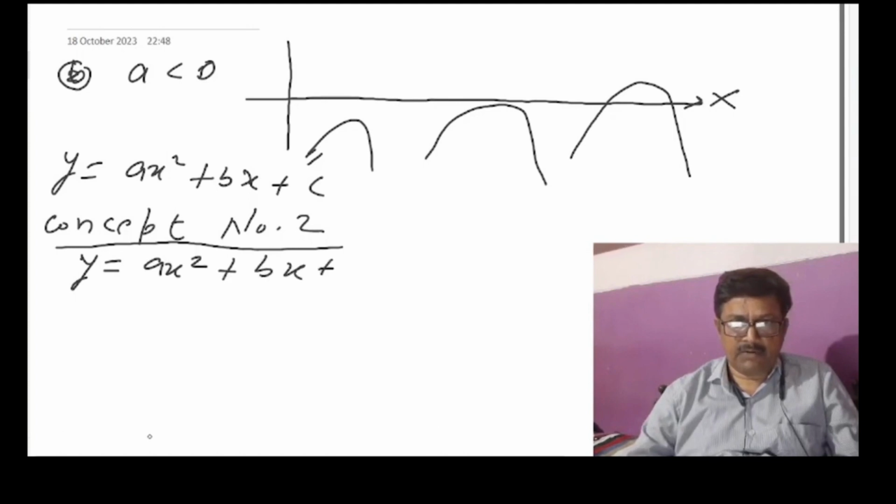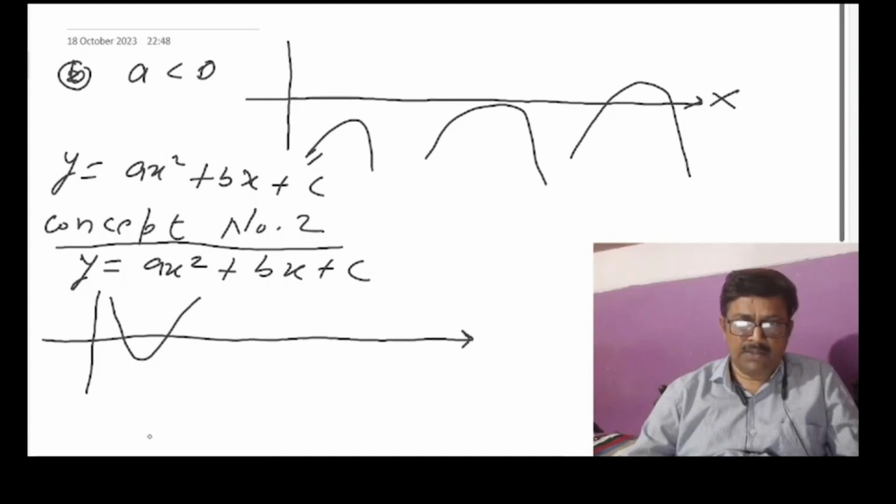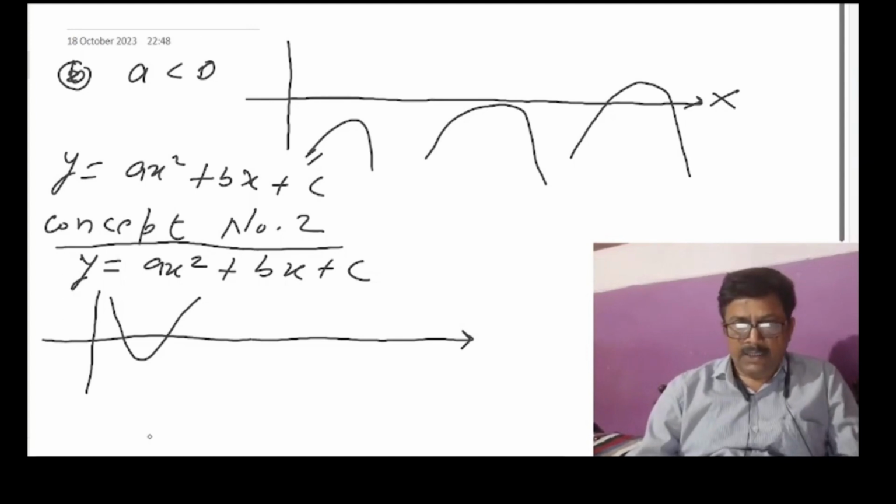I am taking a quadratic expression. If its graph is cutting the x-axis at 2 points, so what is the meaning of this situation? At 2 points, the graph is cutting the x-axis: a1, a2.